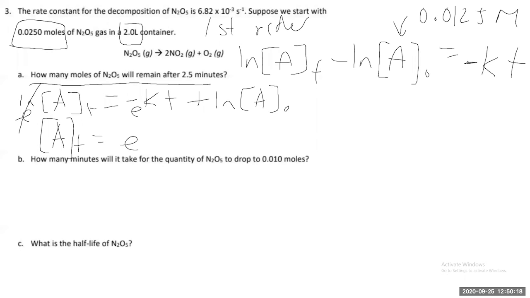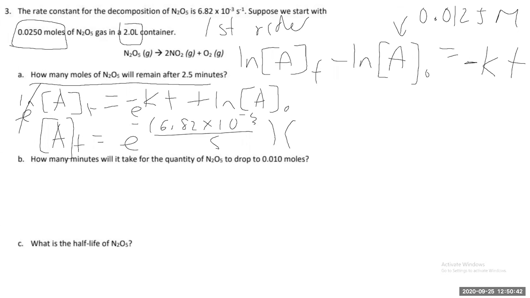A of t is equal to e to the power of, now we just need to plug everything in, negative 6.82 times 10 to the negative 3 per second, times t, and t we're going to put in seconds.